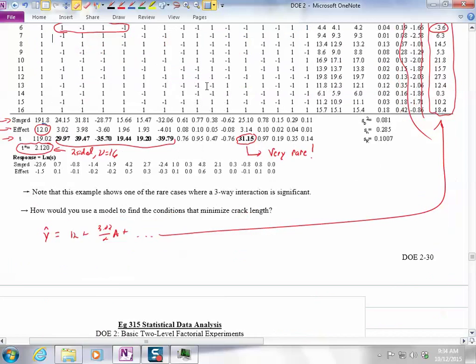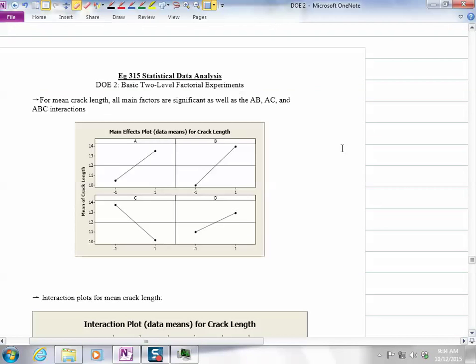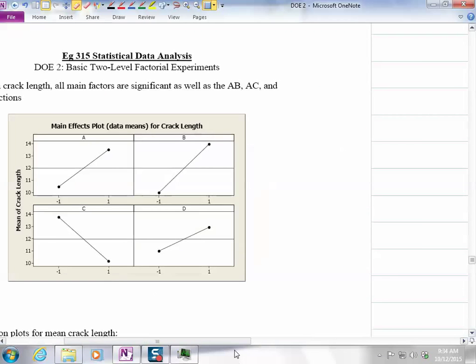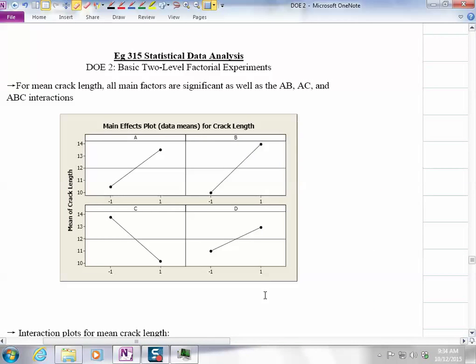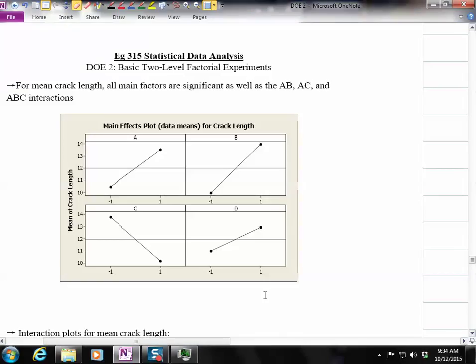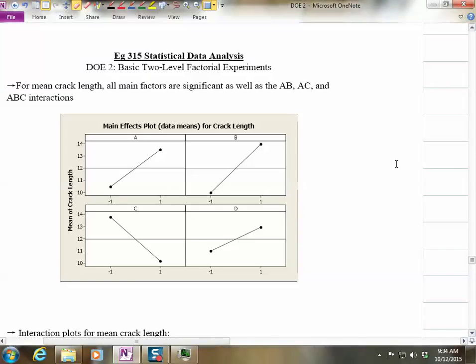So I also did this in Minitab, and we can say, okay, here are the main effects plots for A, B, C, and D. They're all significant, but remember, let's think about this. Which of these four, A, B, C, D, would you explain each of these or not? So these are the main effects. Would you start writing text in your report to explain the main effect of A?